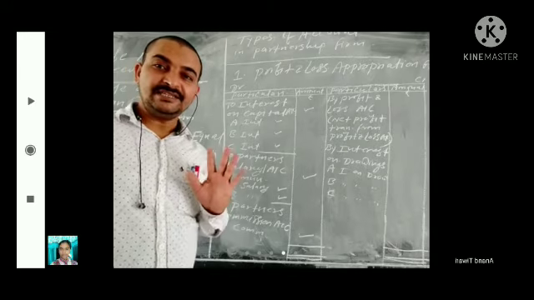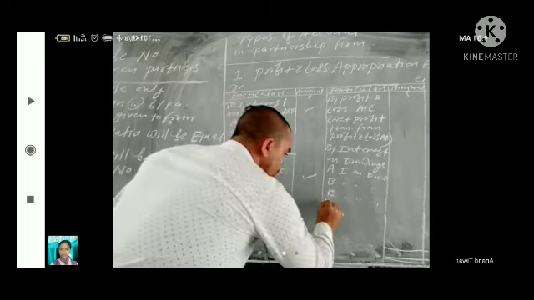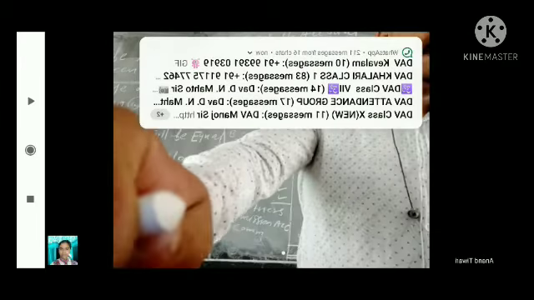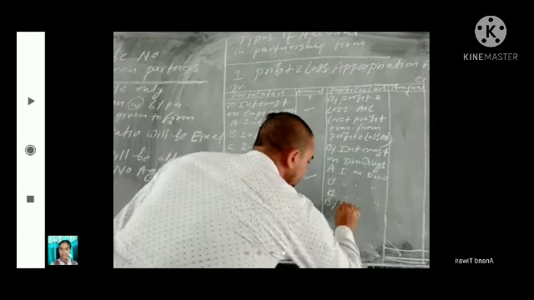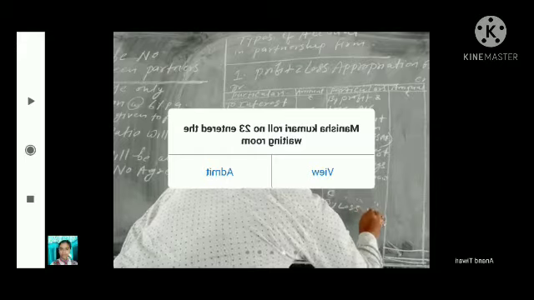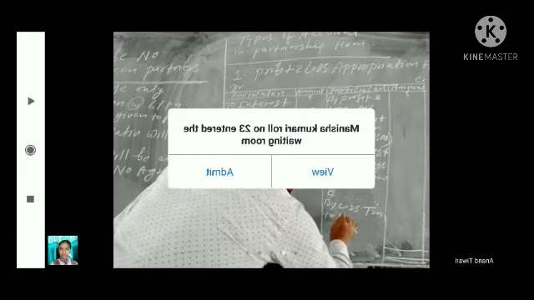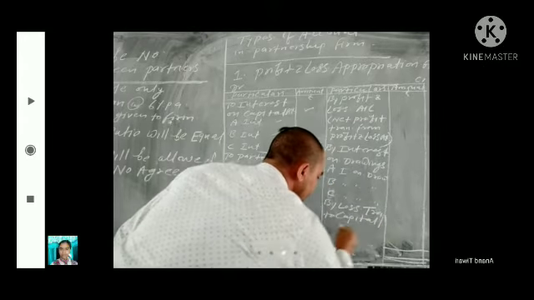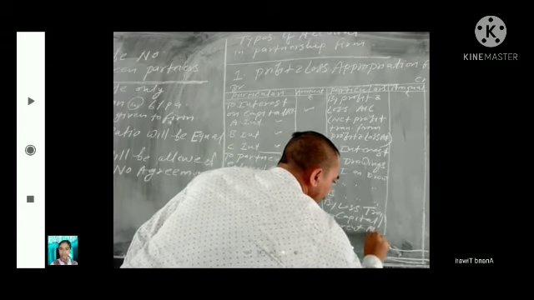Is it clear? So, balancing it, if there is a loss, then you simply write by loss transferred to capital slash current account.